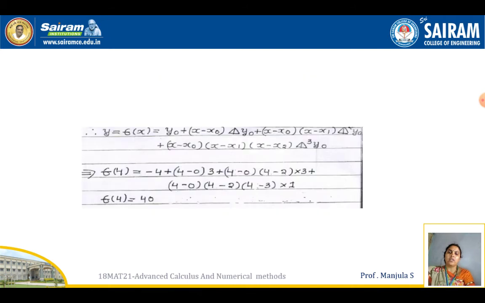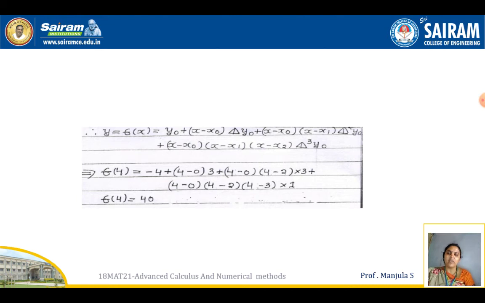After getting the result of this divided difference table, next we use the formula. y equals f of x, which equals y naught plus x minus x naught del y naught, plus x minus x naught, x minus x1 del square y naught, plus x minus x naught, x minus x1, x minus x2 into del cube y naught. This is the formula.